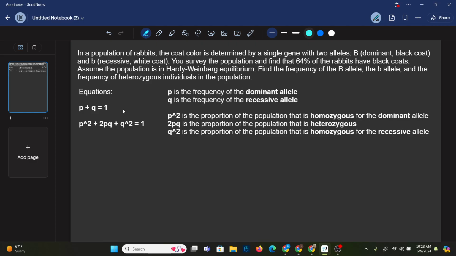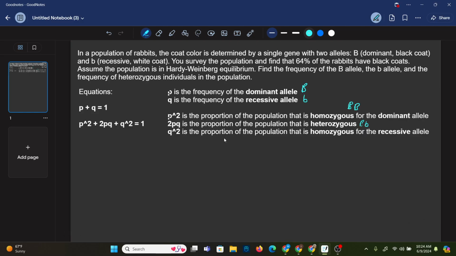In order to solve this, we have two equations: p plus q equals 1 and p squared plus 2pq plus q squared equals 1. p is the frequency of the dominant allele, which is big B. q is the frequency of the recessive allele, which is little b. p squared is the proportion of the population that is homozygous for the dominant allele, big B, big B. 2pq is the proportion that is heterozygous, big B, little b.